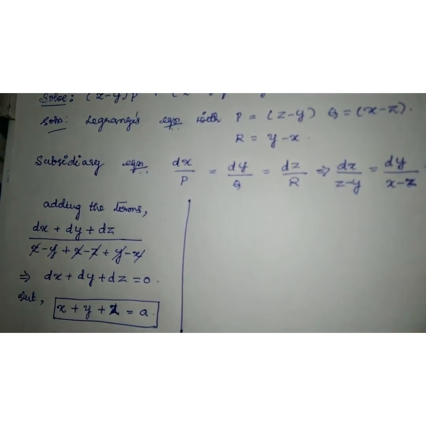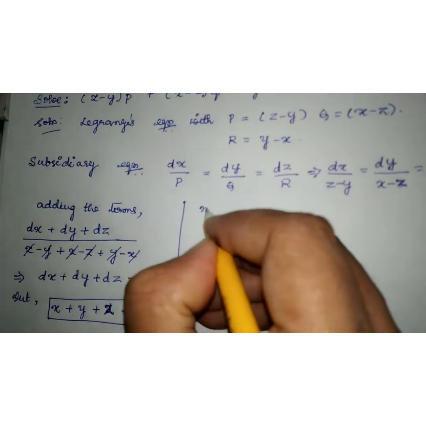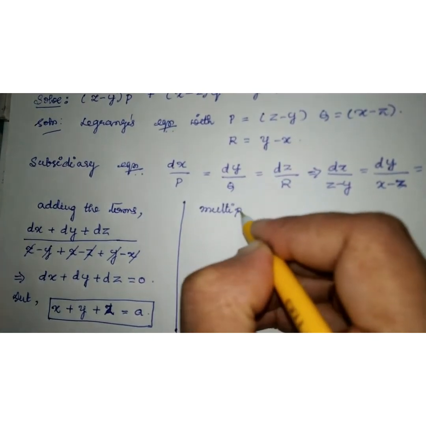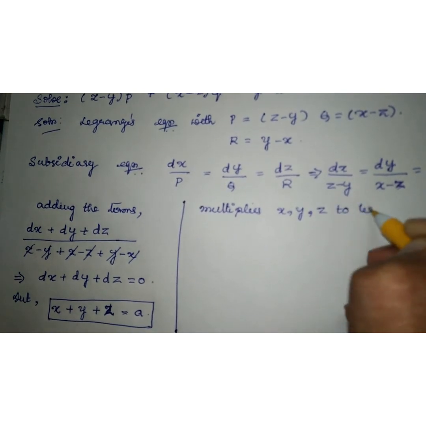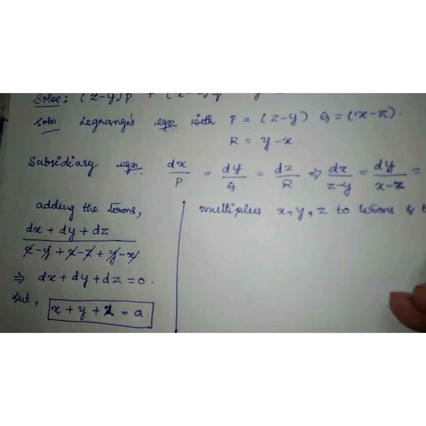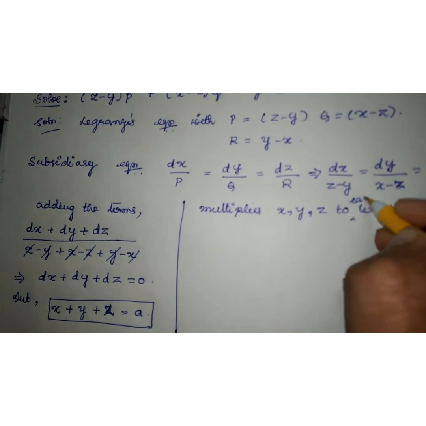So what to do for the second solution? Here I'll be multiplying by x, y, z to the terms and then adding.